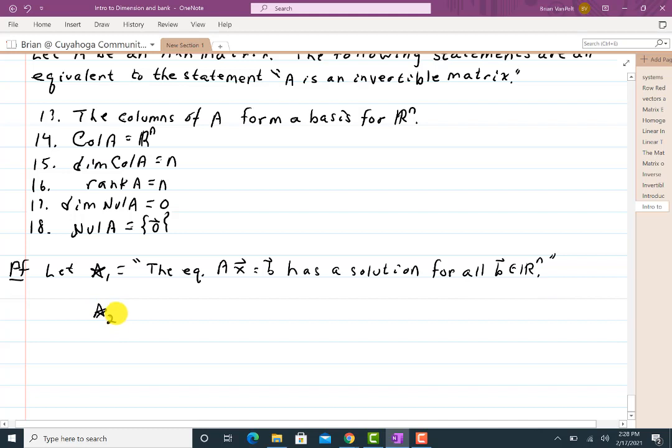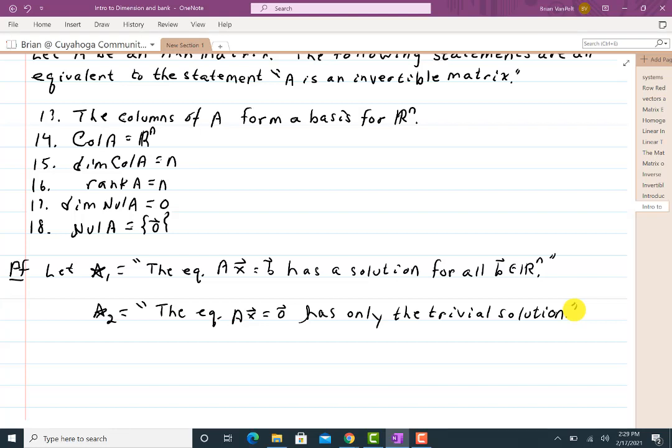And I'm going to let star 2 equal the statement, the equation AX equals 0 has only the trivial solution. Now, those were two statements from the original theorem that went 1 through 12. I don't remember what numbers these are, but those were two statements in the list for the original invertible matrix theorem.